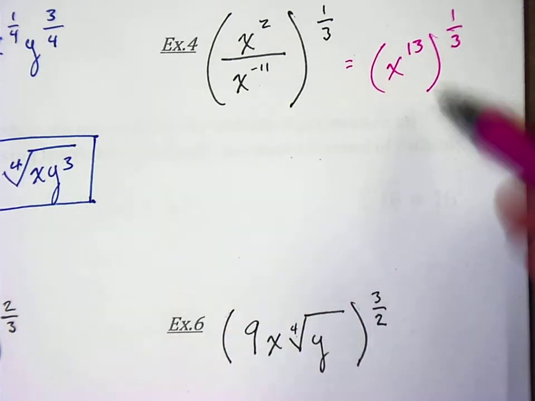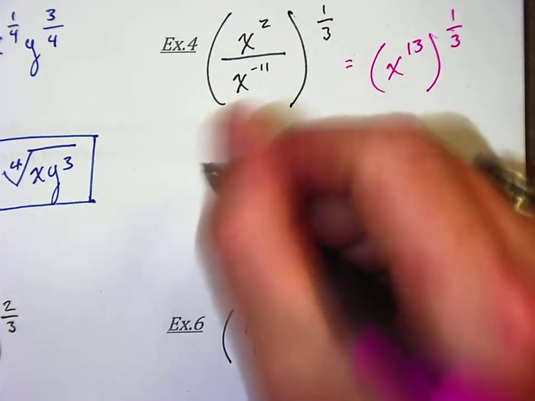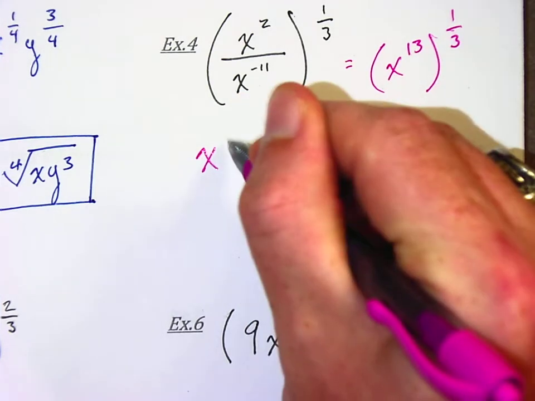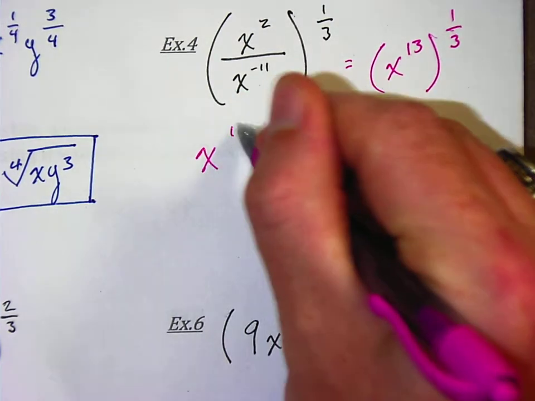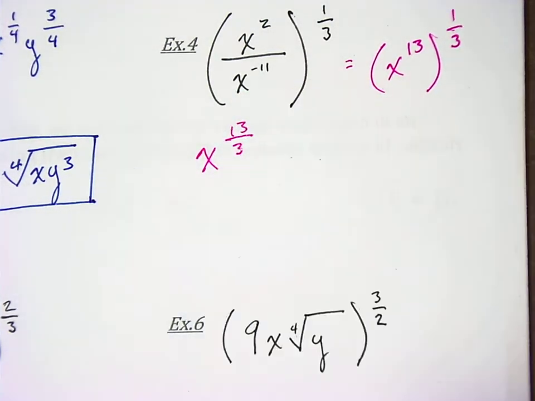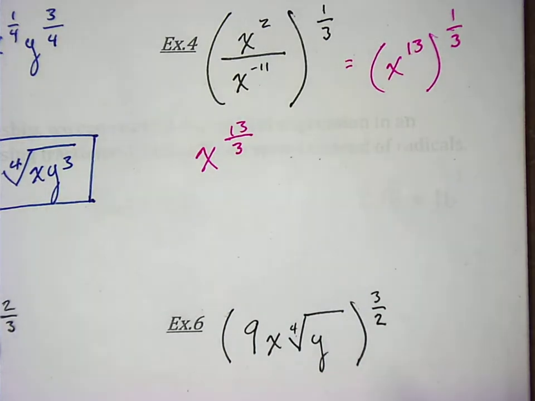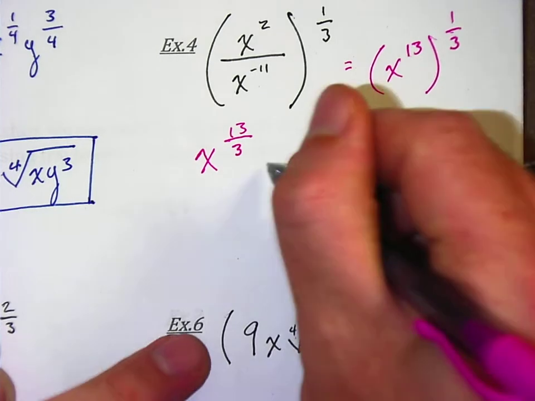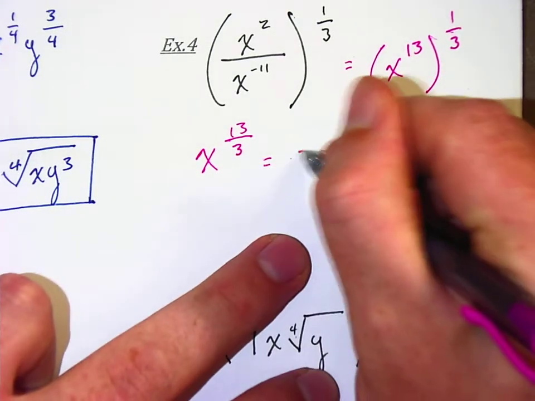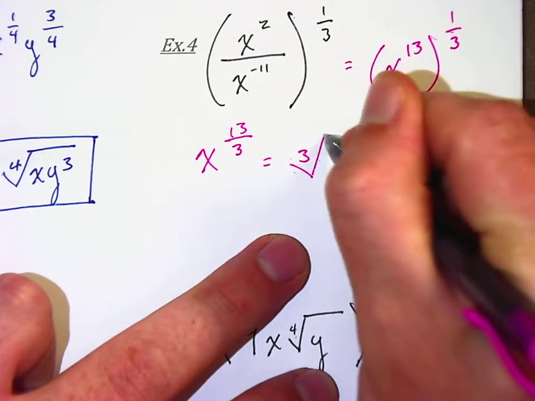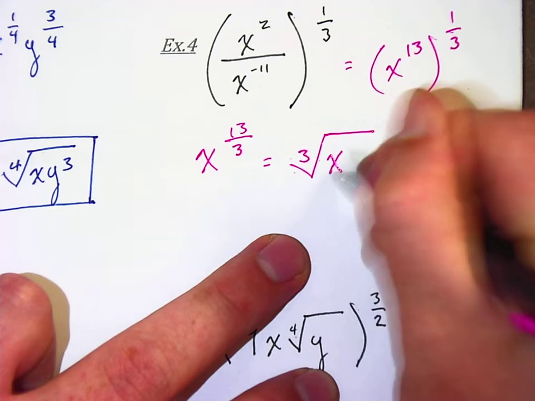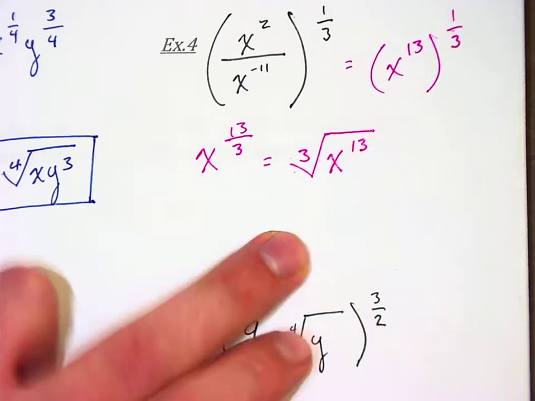And then your properties of exponents here tell you to multiply. That's going to be x to the 13/3. Which as a radical would be the cubed root of x to the 13th power.